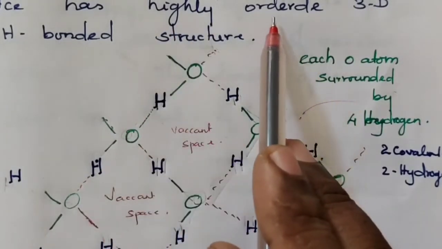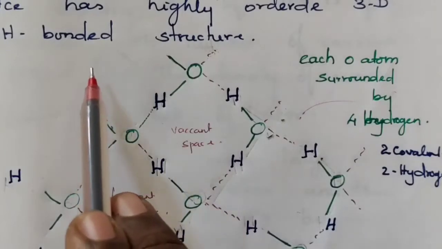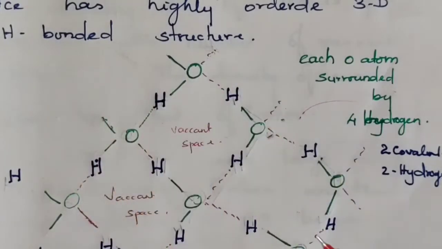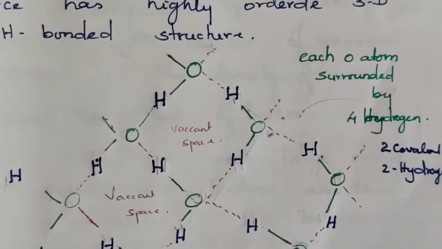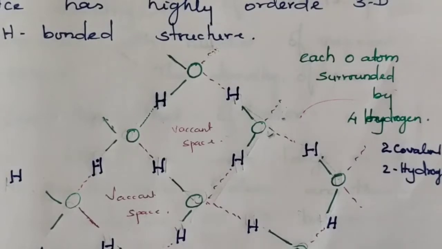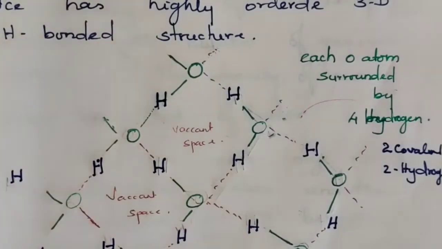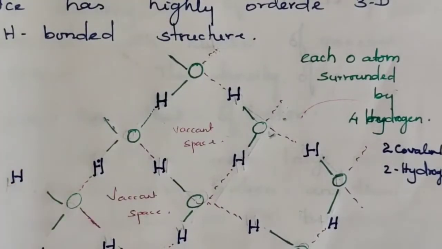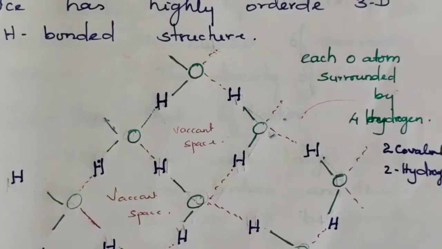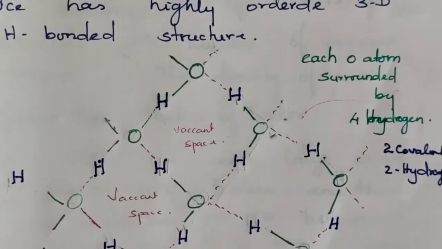Ice has an ordered 3-dimensional hydrogen bonded structure. This is an orderly arranged, 3-dimensional, hydrogen bonded structure, where 2 water molecules are bonded by a hydrogen bond. How can you draw this structure?